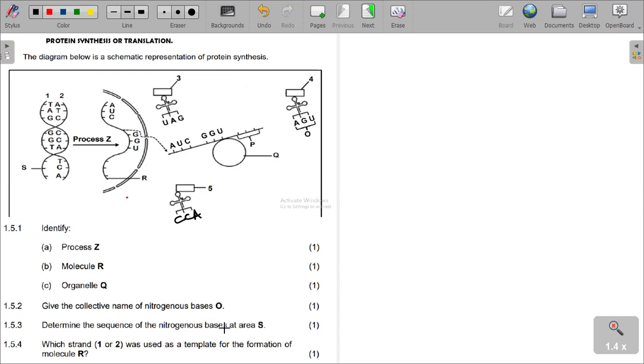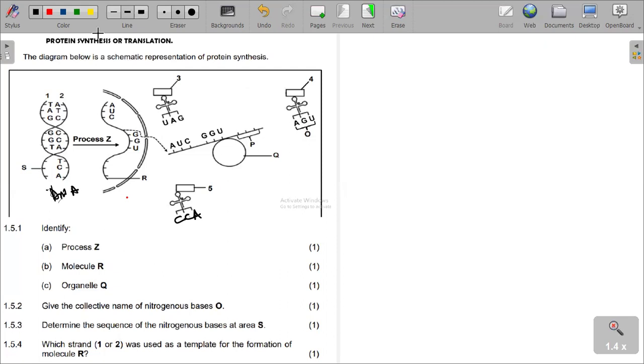We have a diagram showing a DNA molecule, and an arrow showing that DNA is forming mRNA through process Z, which is transcription. For now, let's just answer the questions, and then we'll answer all other questions and additional points after the discussion.